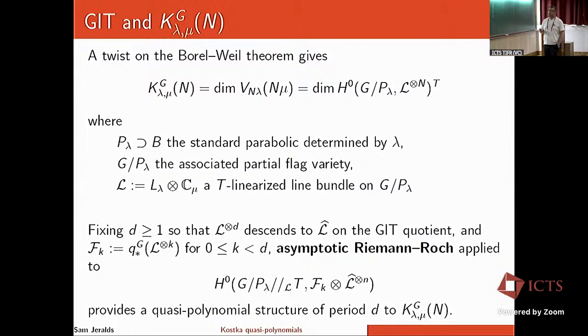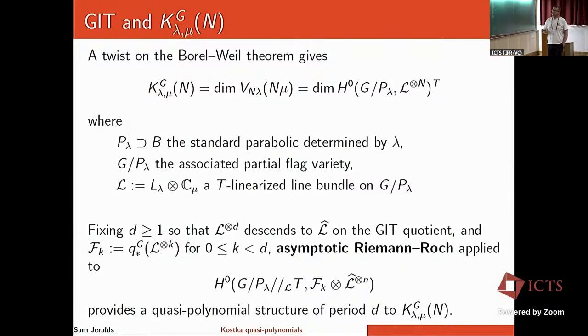How do we go about this? We use both perspectives on how to get around the problematic non-isomorphism. First, pick any power D so that L tensor D descends to some line bundle on the GIT quotient. So take your favorite one that works.